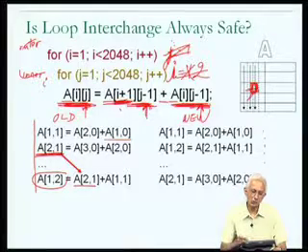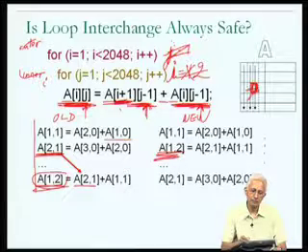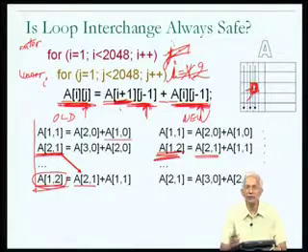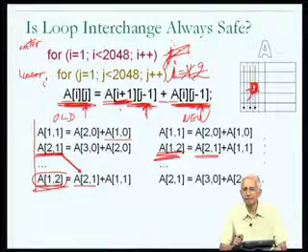Whereas in the new version of the program, when I calculate the value of a of 1 2, I am not using a newly computed value of a of 2 1, but the original value of a of 2 1, which means that the meaning of the program is different.